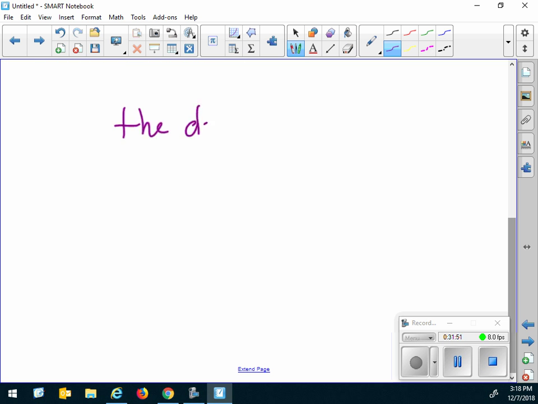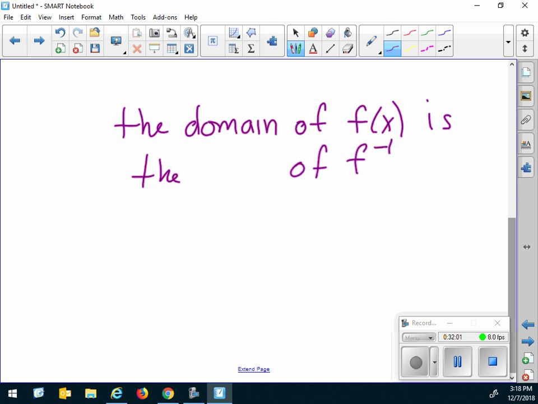And then I want you to put below that: the domain of f of x is the range of f inverse of x.